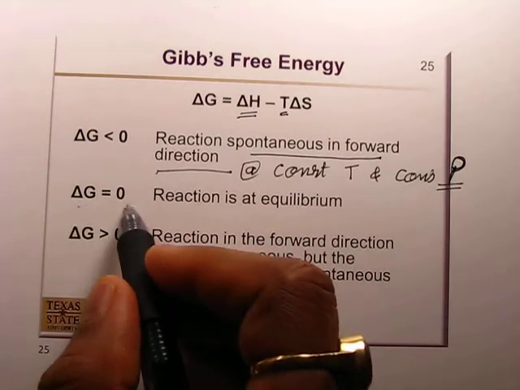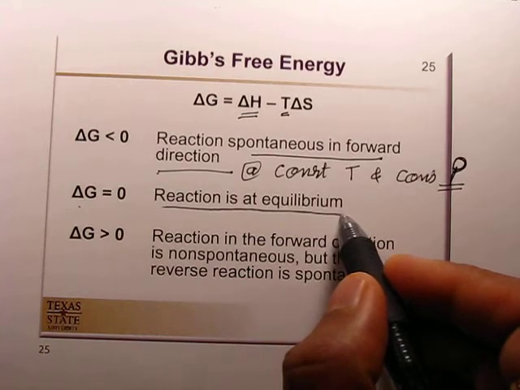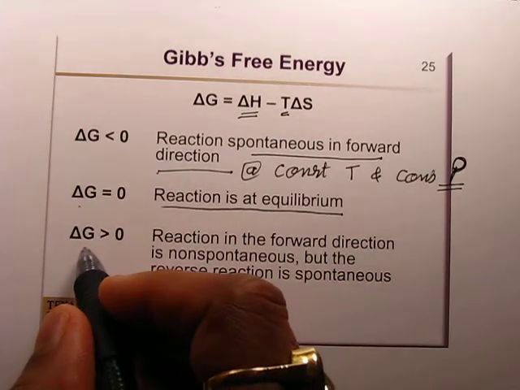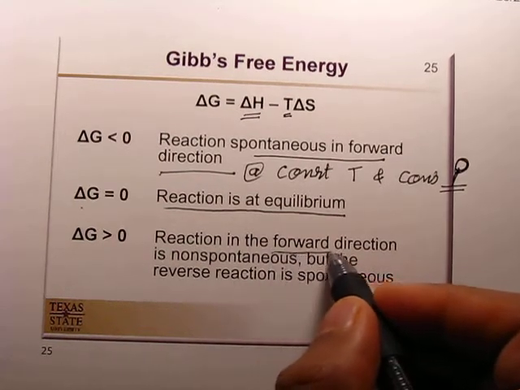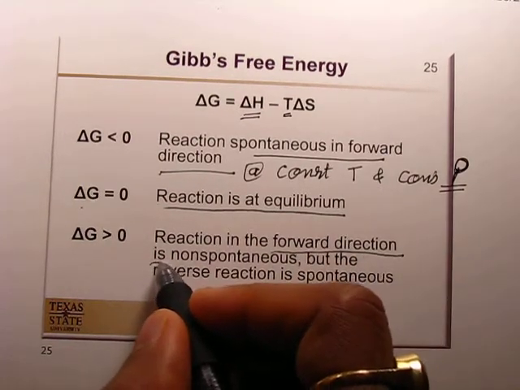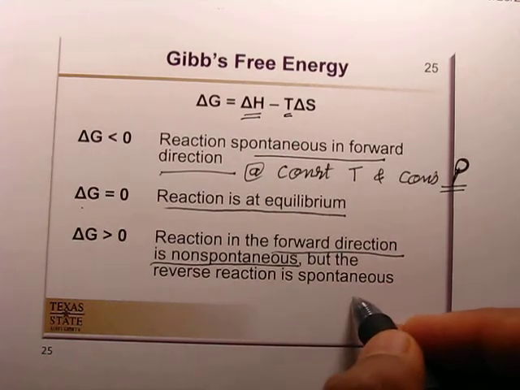If delta G is equal to 0, the reaction is considered to be in equilibrium, and if delta G is more than 0, the reaction in the forward direction will be non-spontaneous, but the reverse reaction will be spontaneous.